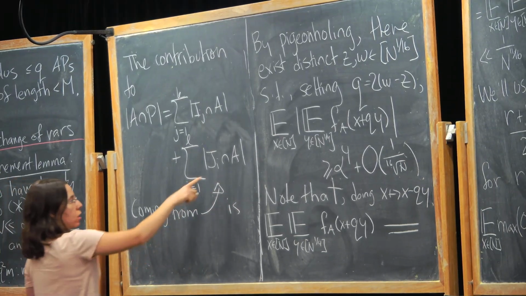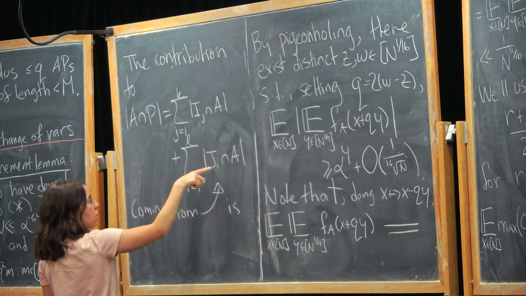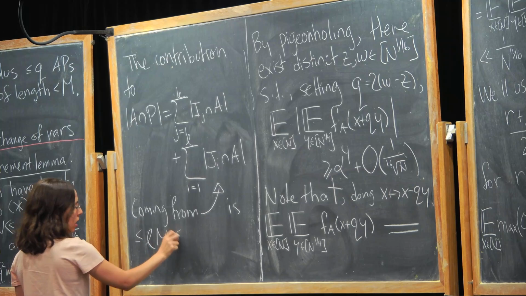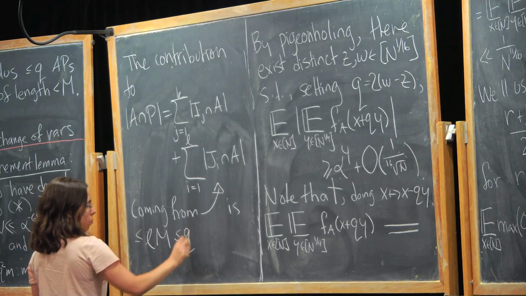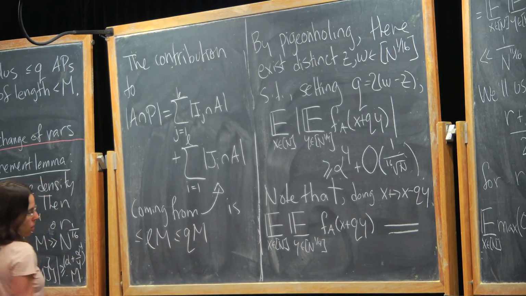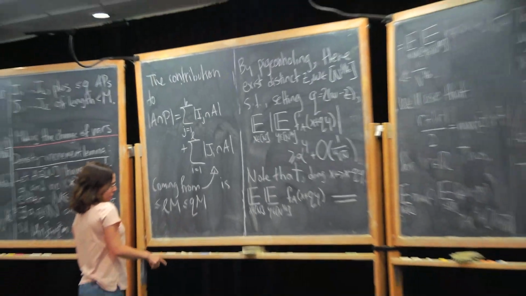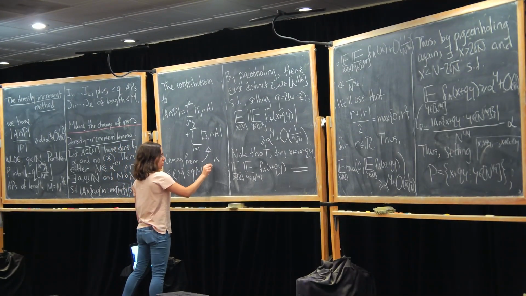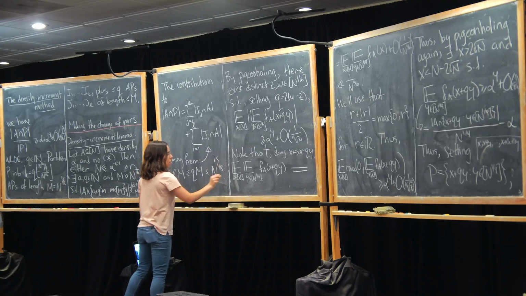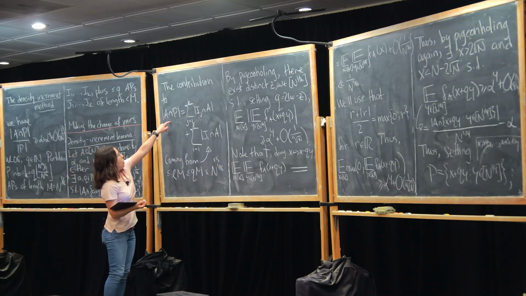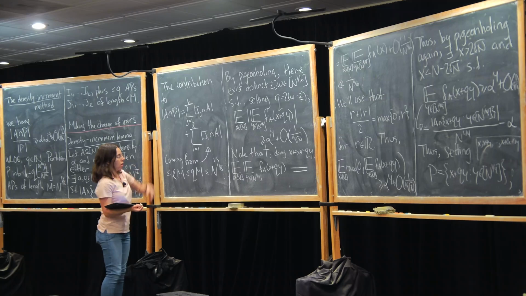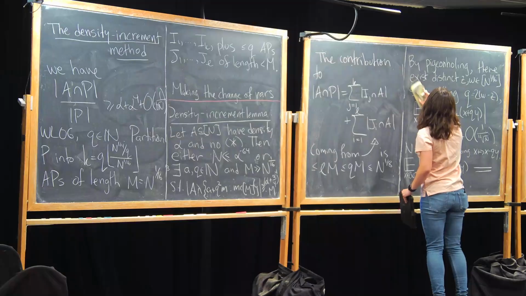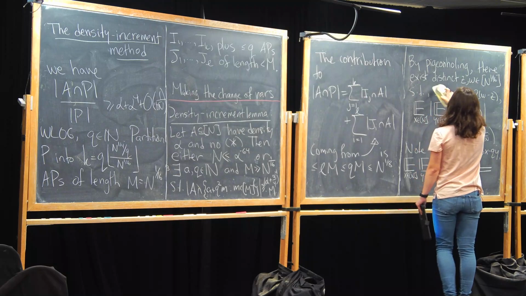That's at most the sum of the lengths of all these intervals, so at most L times m, but L is at most Q, and Q is at most n to the 1/16. m is also at most n to the 1/16. So this is at most n to the 1/8. But A intersect P has size on the order of n to the 1/4, so that's negligible.